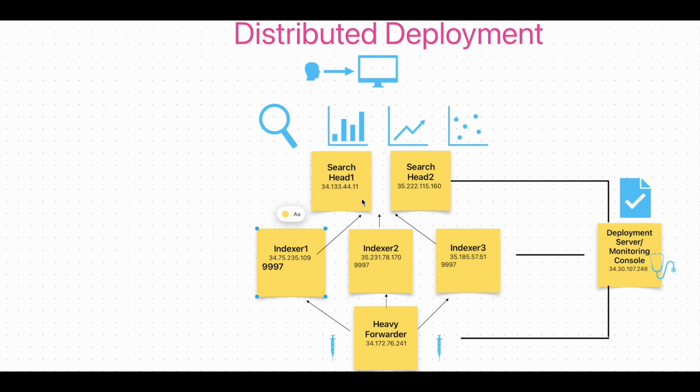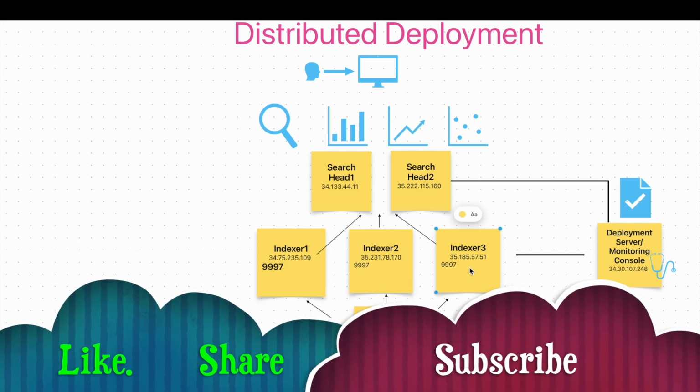We have created connectivity from the indexers to the two search heads, created distributed search, and then we enabled the receiving port and made the forwarder forward to the index layer. So what else remains? Now we need to set up our deployment server.